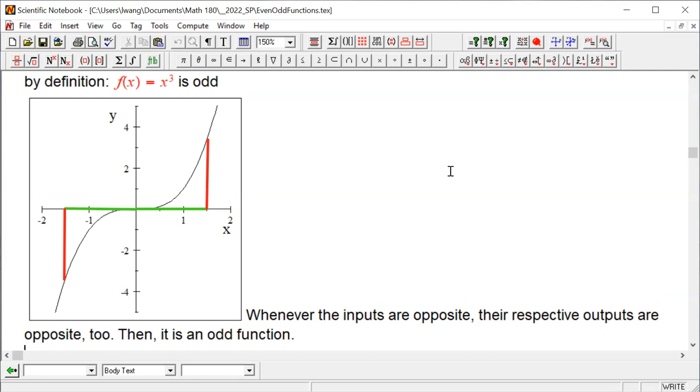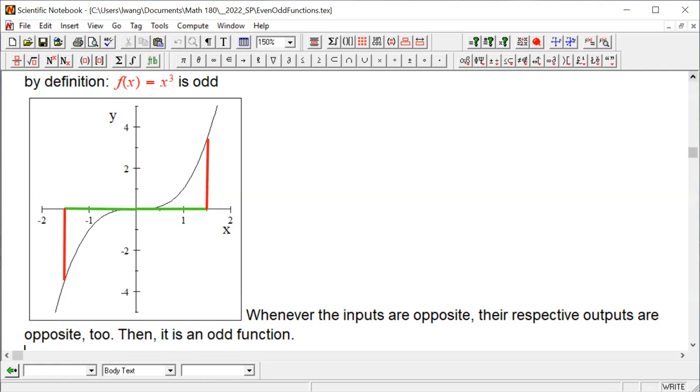Now let's summarize. Even function is symmetrical with respect to the y-axis in the entire domain. Odd function is symmetrical with respect to the origin. And whenever the inputs are opposite, the outputs are opposite. That's the feature for an odd function.